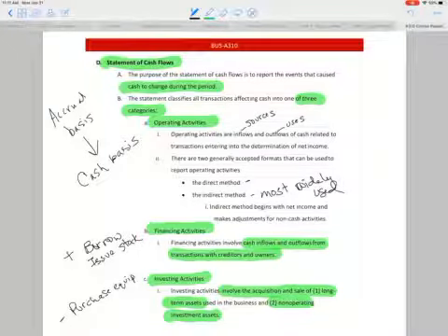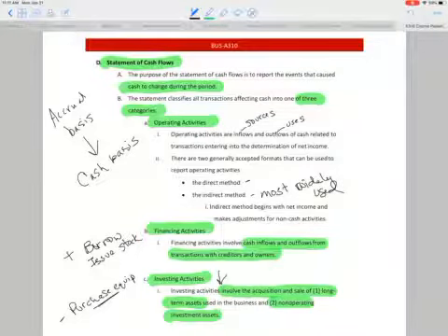So you might have transactions that would affect multiple sections or categories of the statement of cash flows. Again, if we purchase equipment, that would decrease cash flows from investing activities. If we finance that with debt, that would increase cash flow from financing activities.